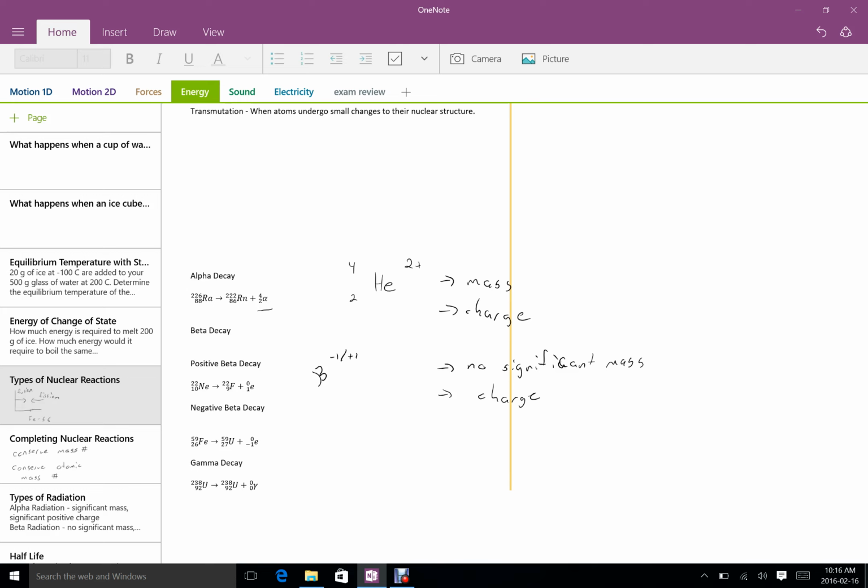And finally, the gamma decay that has no significant mass and no significant charge. Now we know that this gamma decay are just high energy electromagnetic waves, just like light, but much higher energy.